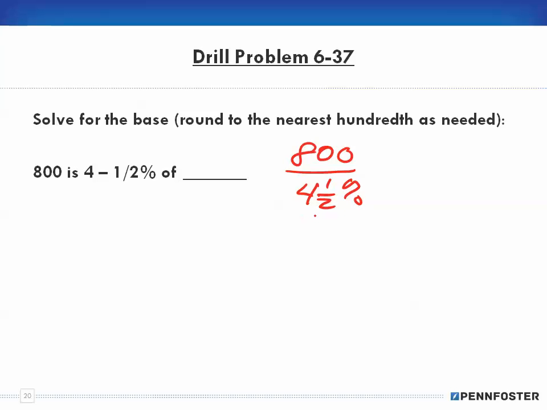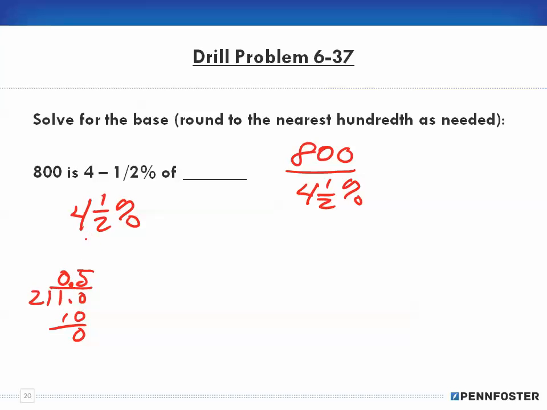Okay, so in the previous problem we had a decimal as a number. Now we have a fraction. So I have to convert the 4.5% into a decimal. Now remember, the half is a part of a whole. So I take 1 and divide it by 2, and we end up with 0.5, right?